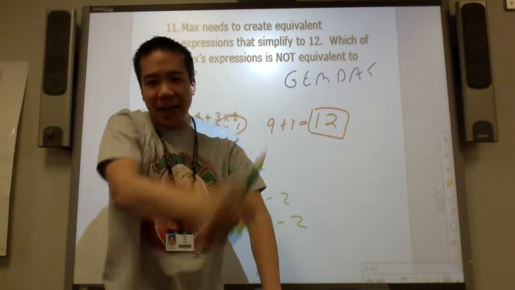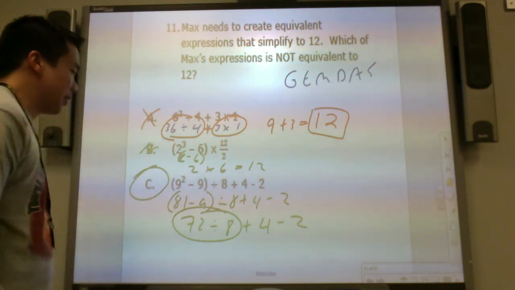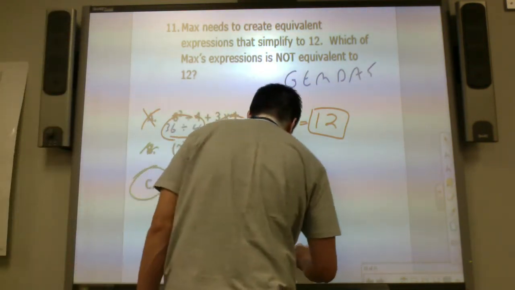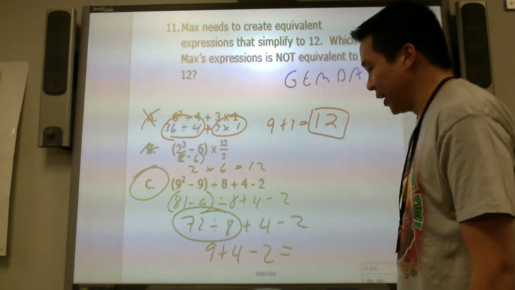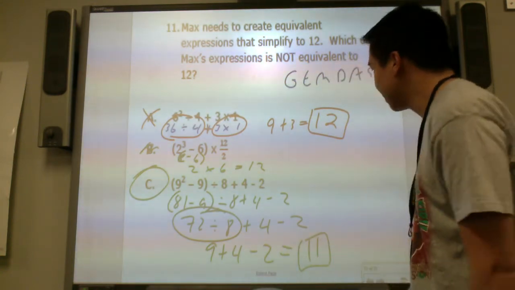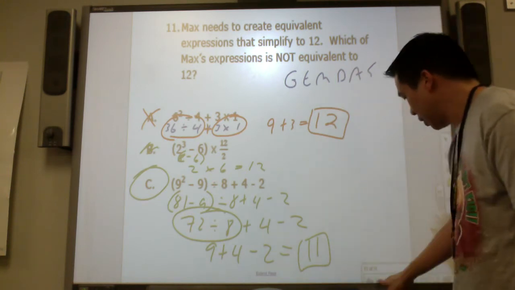Exponent, multiply and divide from left to right. I see it dividing right there. 72 divided by 8 is 9, plus 4 minus 2. 9 plus 4 is 13 minus 2 is 11. And that is the answer. That's why it's not equal to 12.